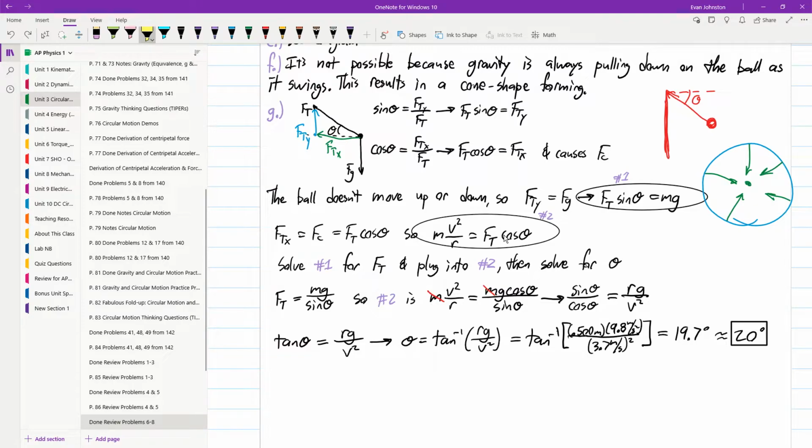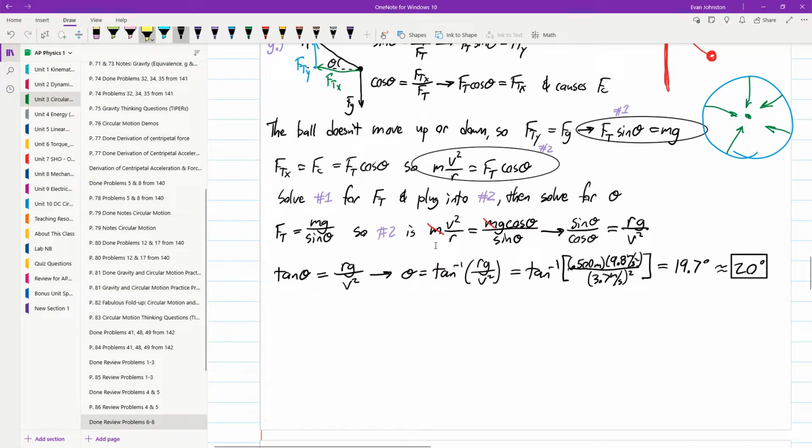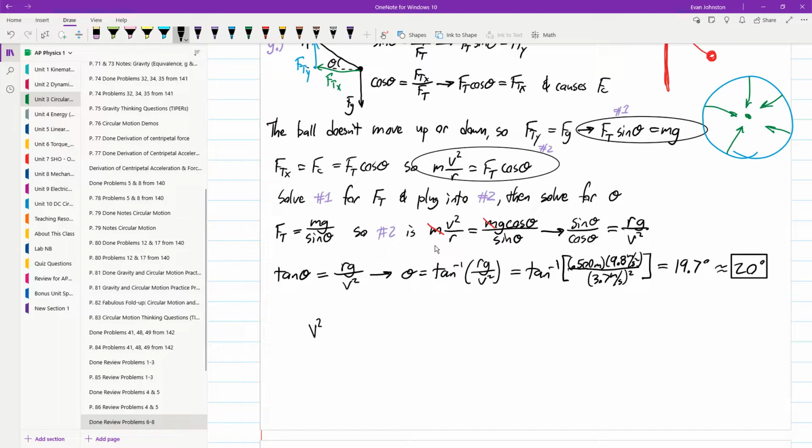And so what I've done in this equation is essentially flip-flop what's on which side. If I were to write it in more steps, I would have said that the velocity squared over r is equal to, and I've already canceled the m's, g cosine of theta over sine of theta.